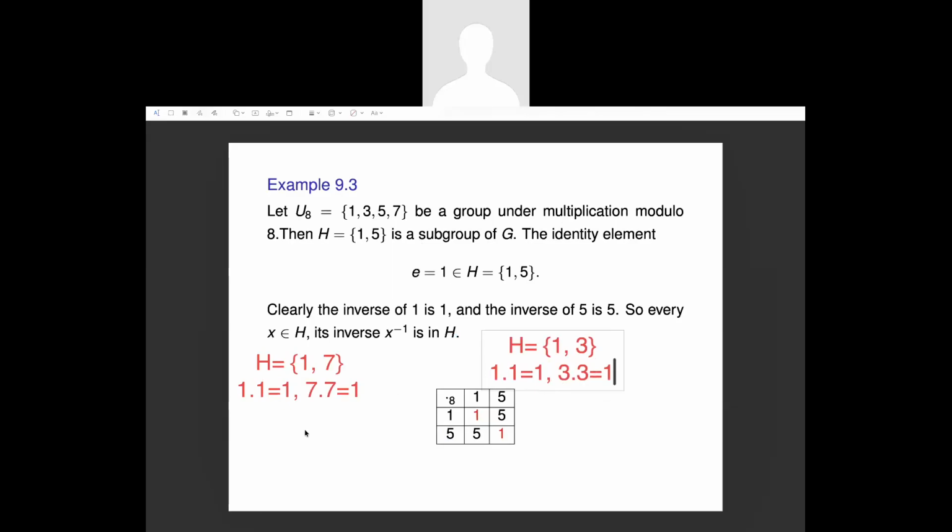Then we can say that H equal to {1, 5}, {1, 3}, {1, 7} are all subgroups, and H equal to only {1} is also a subgroup, and U8 itself is a subgroup of itself. So these are all the trivial subgroups of this set.